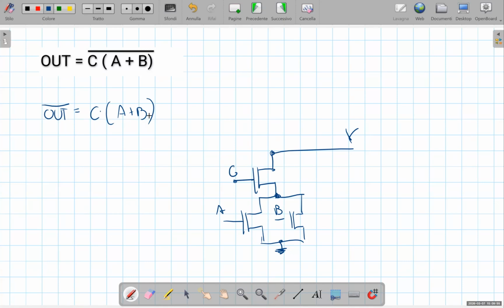To implement the pull-up network, we can apply de Morgan's rules to this expression.